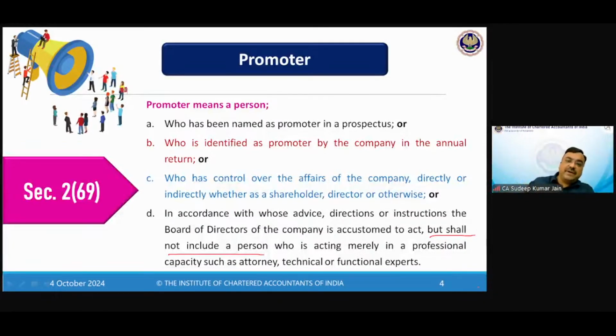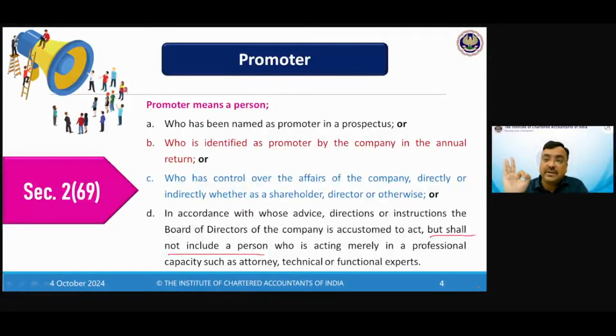So promoter is defined. Once again, we read the definition, and we should understand what is the reason for defining the promoter in the act. So first we should understand who is the promoter. Named as promoter in prospectus, named as promoter in annual return, control over the working of company, whether directly, indirectly, as shareholder, director or any other way, and in whose directions directors are required to work.